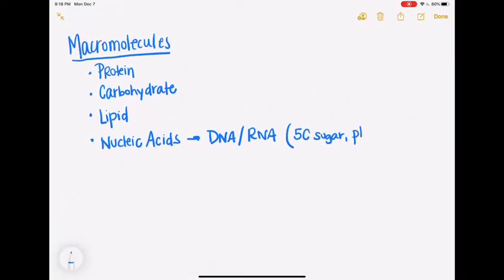And a nitrogen base. And remember, those nitrogen bases are A, T, G, and C. Okay? That's really important too. That's our genetic material. All of these three components together are referred to as a nucleotide.